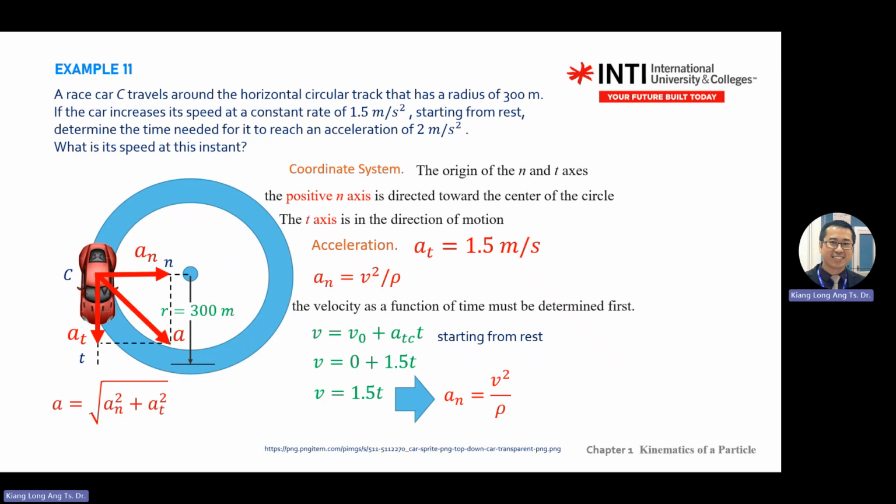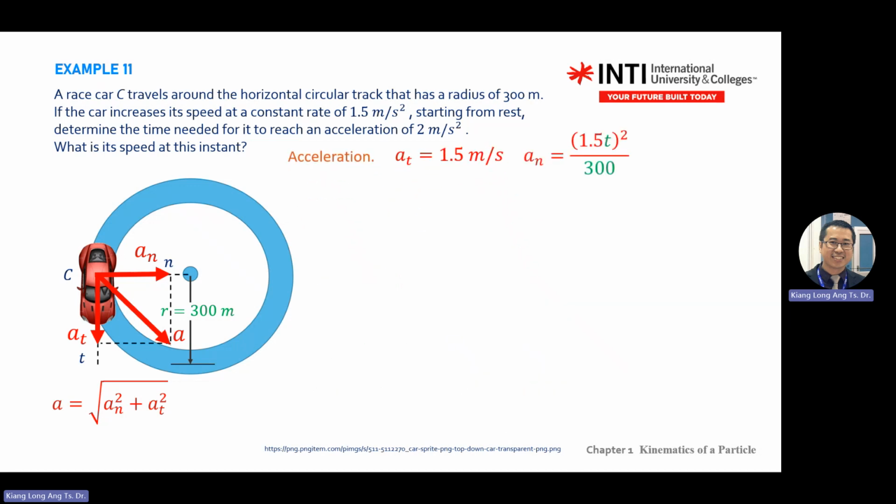For this one, v squared over rho, rho here is 300, and V is 1.5t, squared. So this one is a quadratic equation; your an is in the quadratic equation.